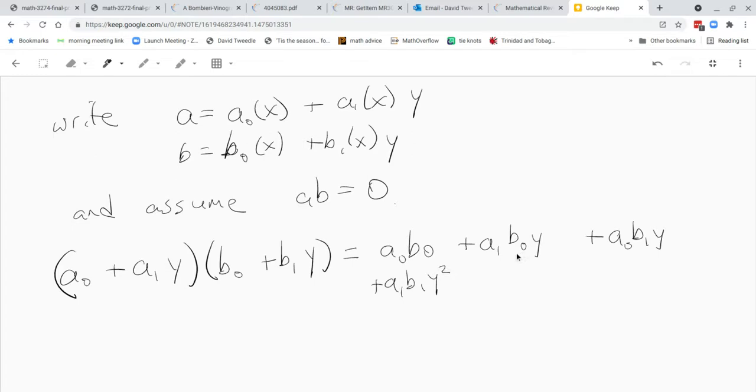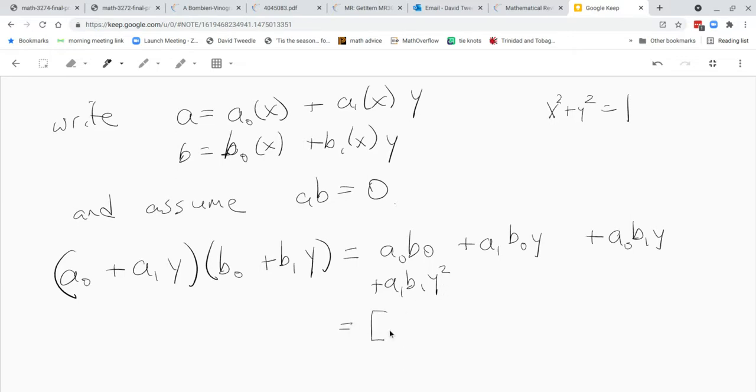Now we know that every element in R mod I has a unique representation as a polynomial in X plus Y times another polynomial in X. This has a Y squared, so let's get rid of the Y squared, remembering that X squared plus Y squared equals 1. In other words, Y squared is 1 minus X squared.